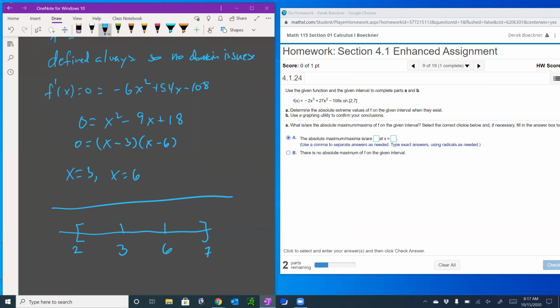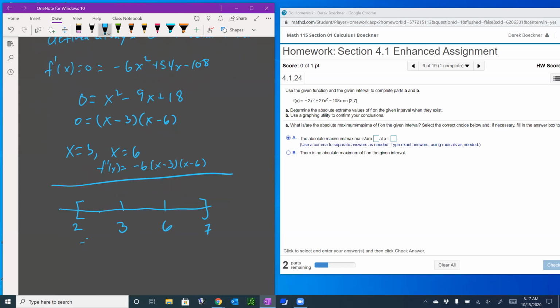So the function f prime is -6 times x minus 3 times x minus 6, right? That's what f prime of x was. Okay. So if I plug in a point that's between 2 and 3, I want to know if f prime is negative or positive.